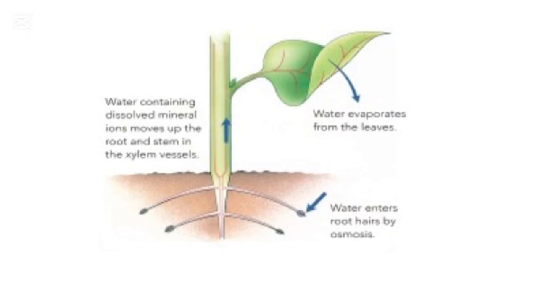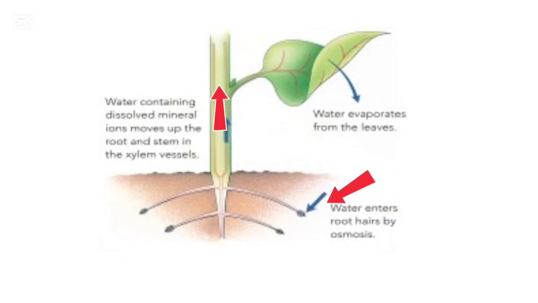This diagram represents transpiration in plants. In the soil, the root absorbs water, minerals and nutrients and transports them to the upper parts of the plant by xylem.